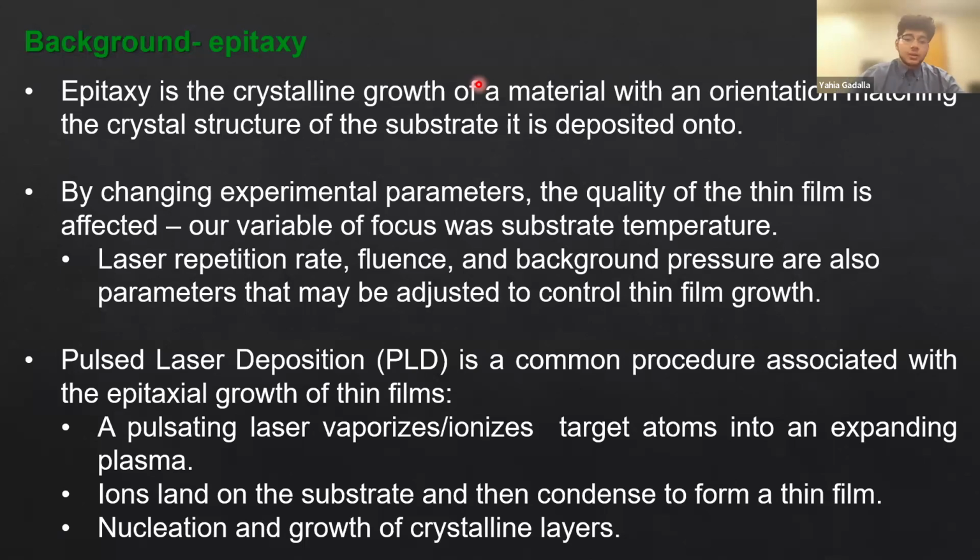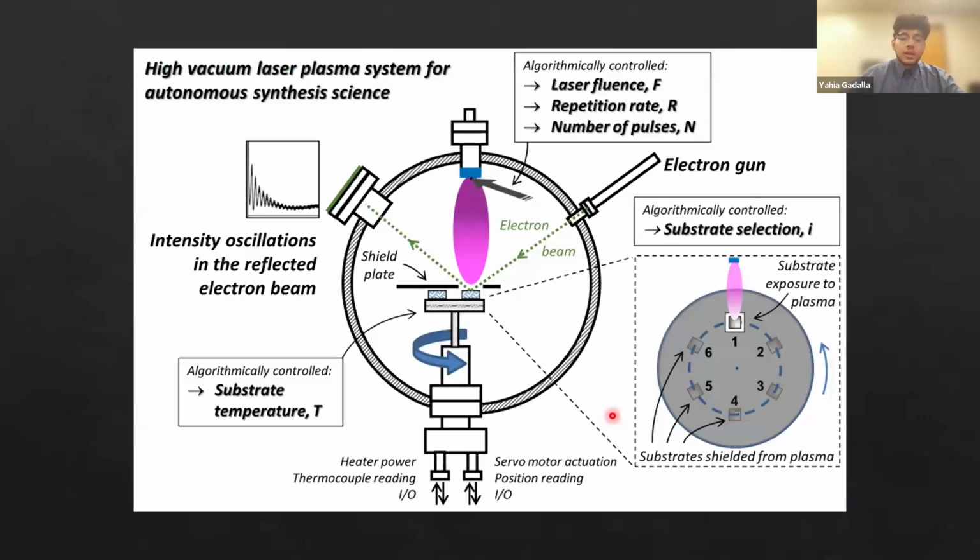Here, I have provided a schematic of our vacuum chamber. You can see our expanding cold plasma plume, our target on a rotating motor, our substrate on a heated dish covered by a plate with a small hole for the plasma to hit our desired substrate, because as you see, there are multiple.